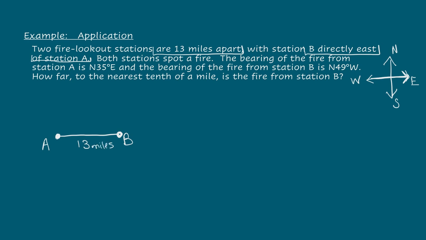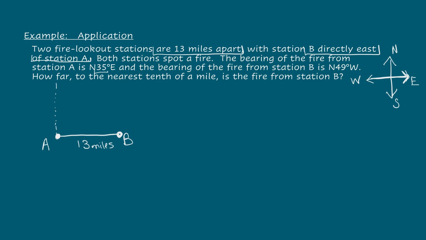So there's that. Now, both of them spot a fire somewhere, and the bearing of the fire from station A is to the north. All right, so we go to the north, but then we veer off from the north by a bearing of 35 degrees a little bit to the east.